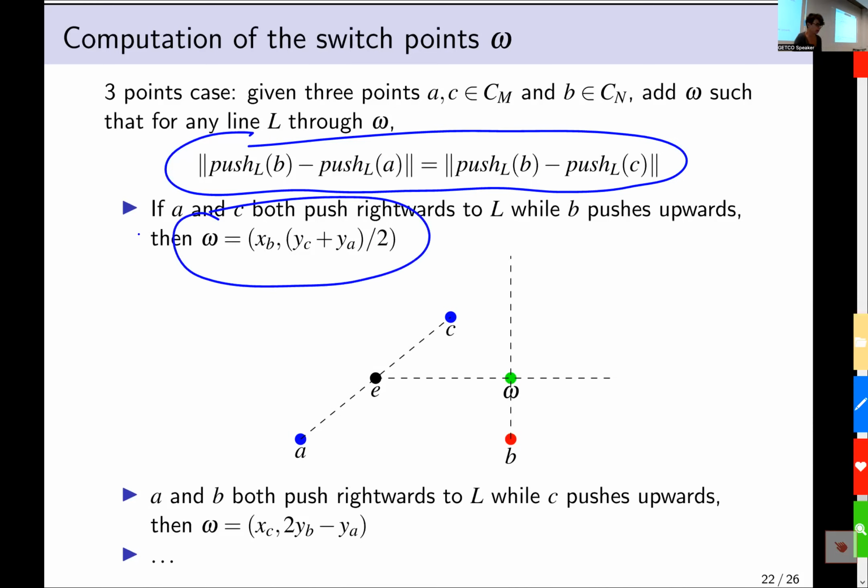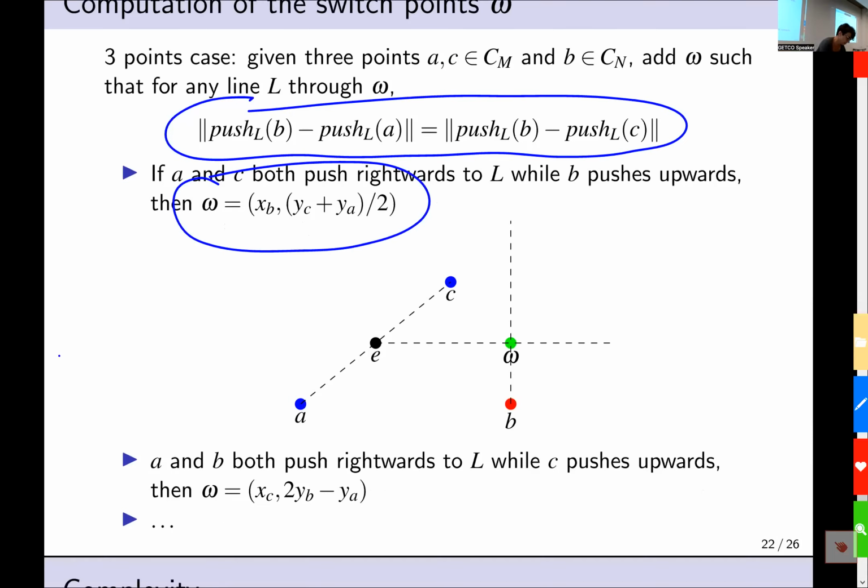These are computations that you can derive quickly using Thales theorem, so I'm not going into that. I just want to say that examining all the cases, you get all the coordinates of these omega points for all triples of critical points and quadruples of critical points.